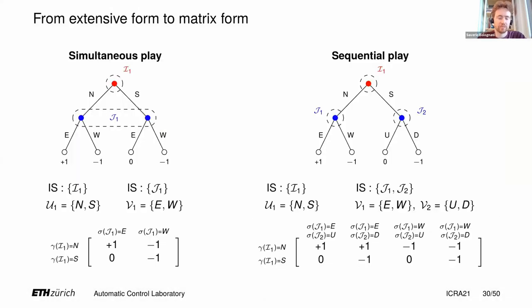Okay, so just to make sure we are extending and we're not missing anything in the way, simultaneous play, which is what we've seen until now, can be represented in extensive form.